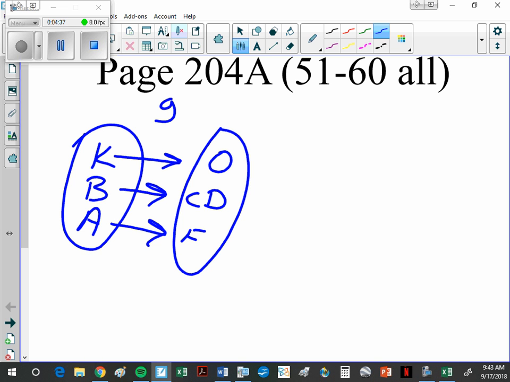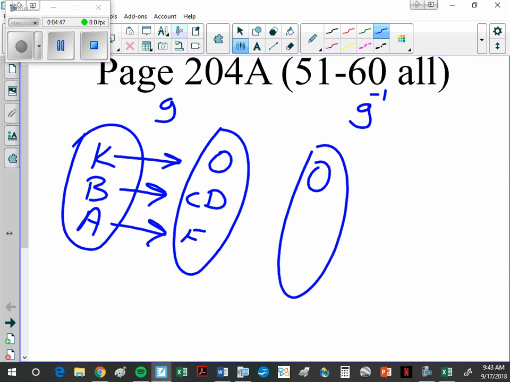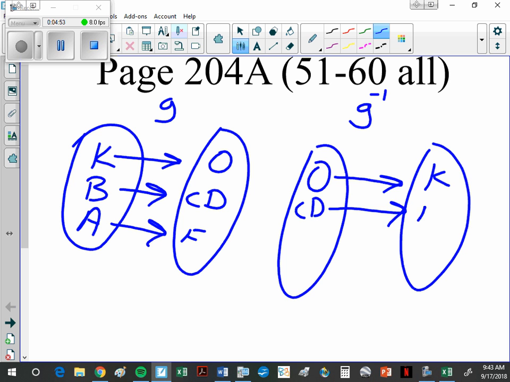What would the inverse function look like? We're going to call it g inverse. That's going to take Orangeville and turn it back into Kyson, and Castledale and turn it back into Bailey, and Farron and turn it back into Aurora.